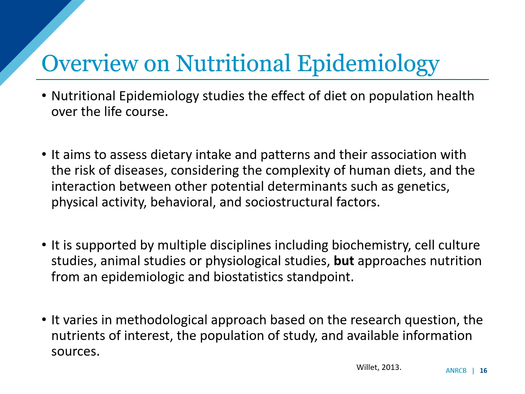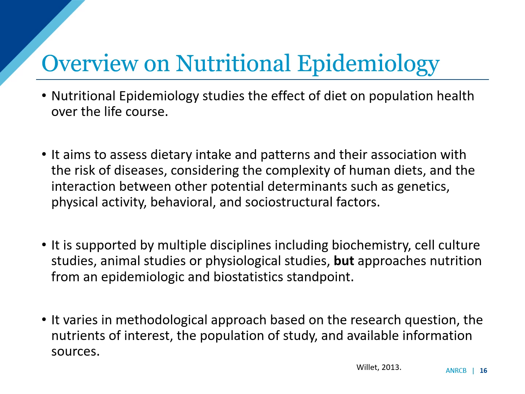Nutritional research and nutritional epidemiology is supported by and interacts with multiple disciplines, which include biochemistry, cell culture studies, animal studies, and physiological studies. But the main characteristic is that it approaches nutrition from an epidemiological and biostatistical standpoint.